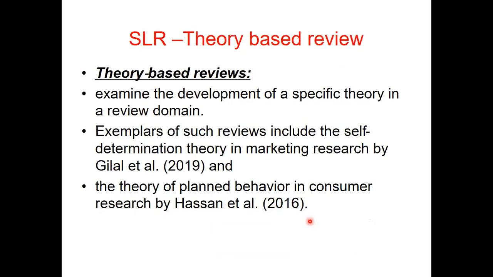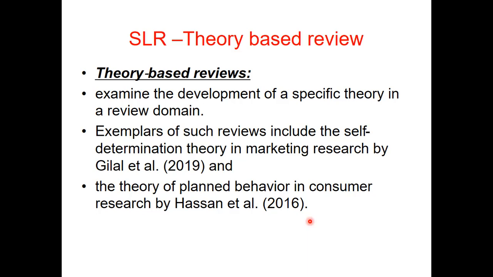Then, coming back to the major types of systematic literature review, the second one is the so-called theory-based review. Yeah? This one simply examines the development of a specific theory in a review domain. We might, for example, look at transaction cost theory, or any capital structure theory, or any theory from human resources, and look at its development over time.